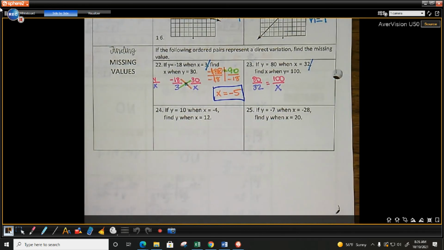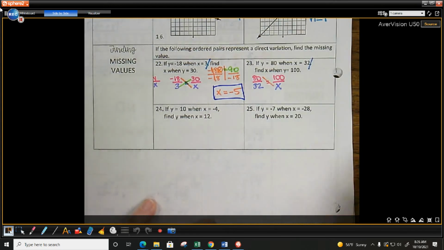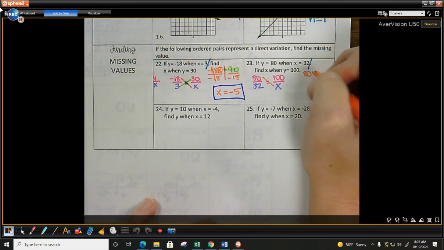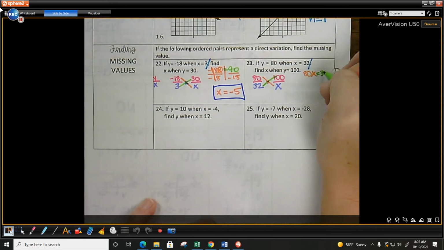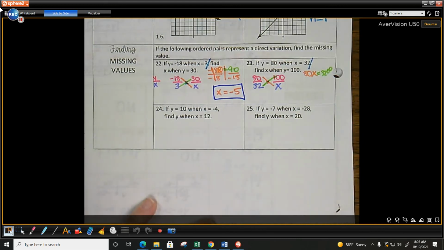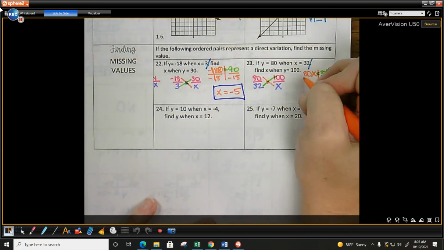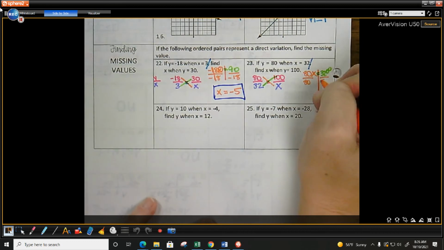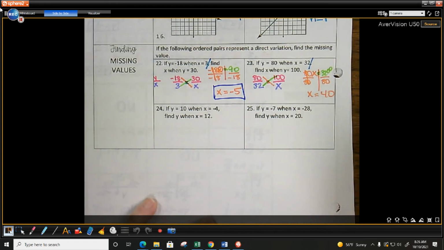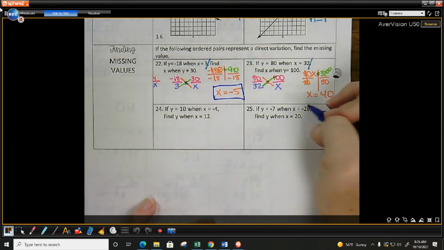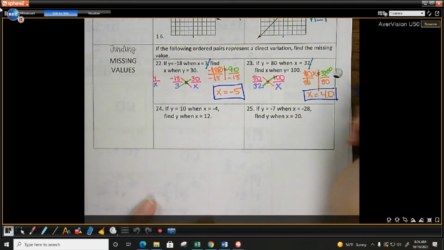So then I am going to cross multiply. 80 times x and 32 times 100, 3200. What do I do? Divide by 80. Good job. And we get x equals 40. Good?